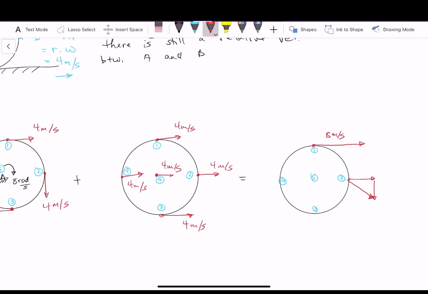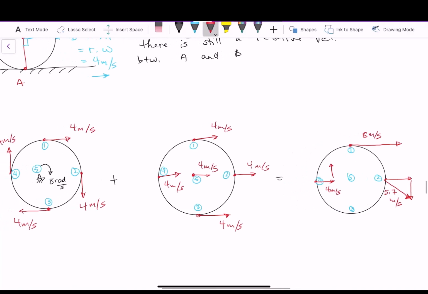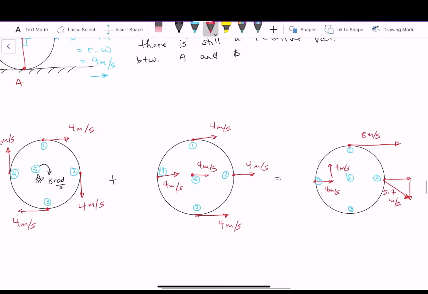And if it's 4 meters per second and 4 meters per second, we can use the Pythagorean theorem to find that that gives us 5.7 meters per second at point 2. That would be similar if we skip to point 4, right? Because we have 4 meters per second to the right plus 4 meters per second going up. Same thing except a different direction, and that is 5.7 meters per second.